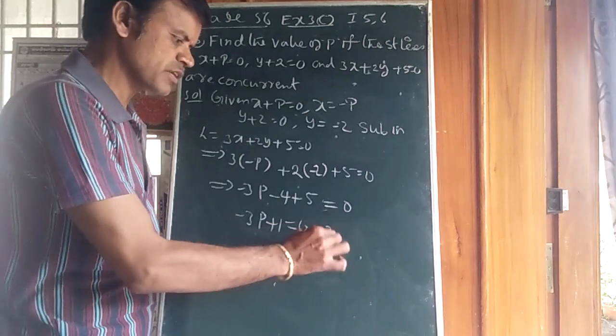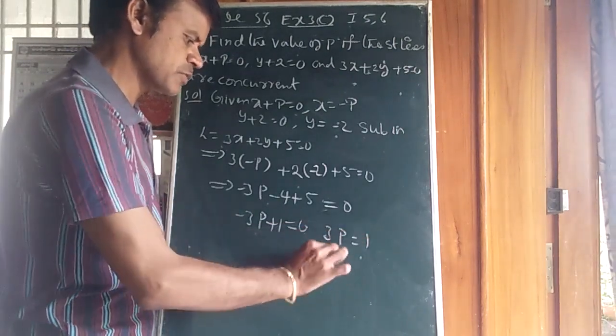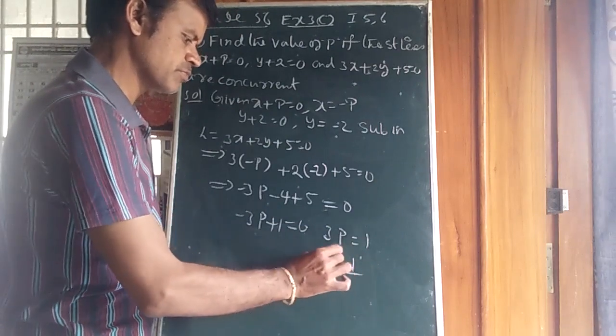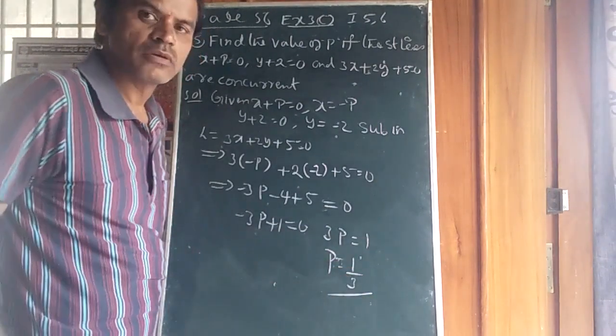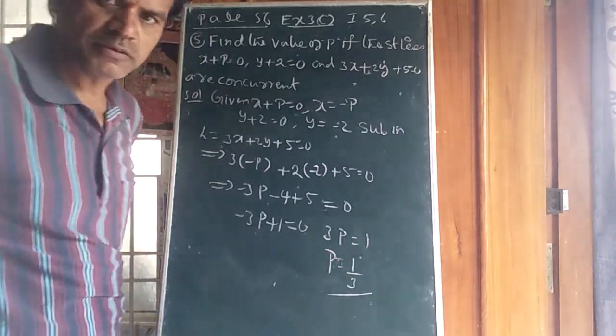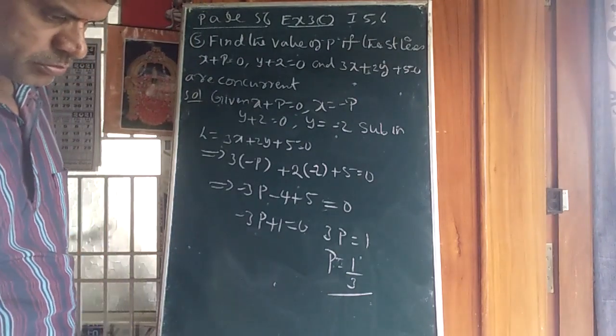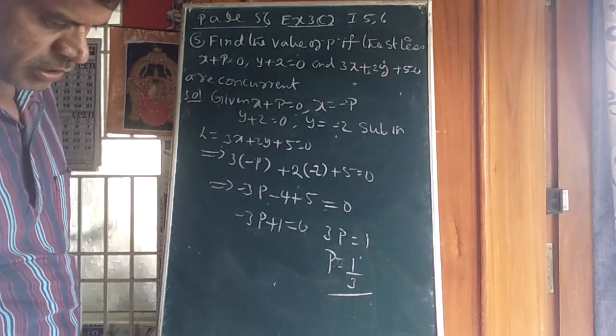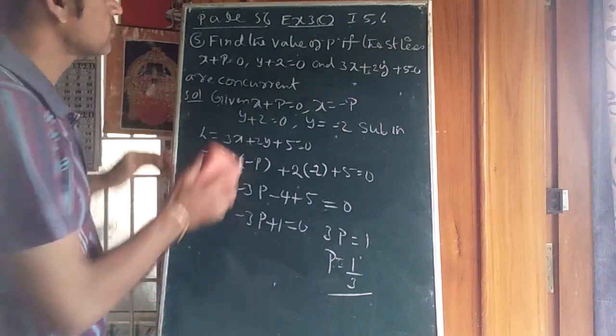Minus 3P plus 1 equal to 0. It is 3P equal to 1. Therefore, P equal to 1 by 3. Now, let us discuss the sixth question.